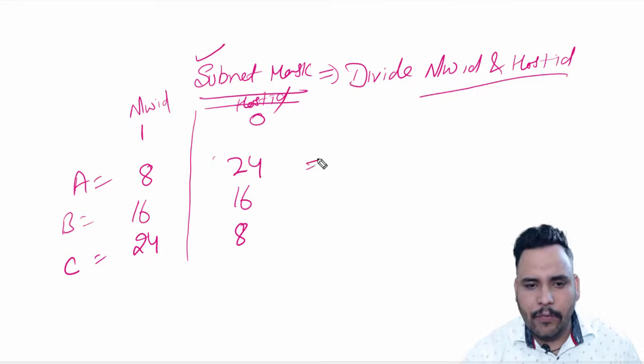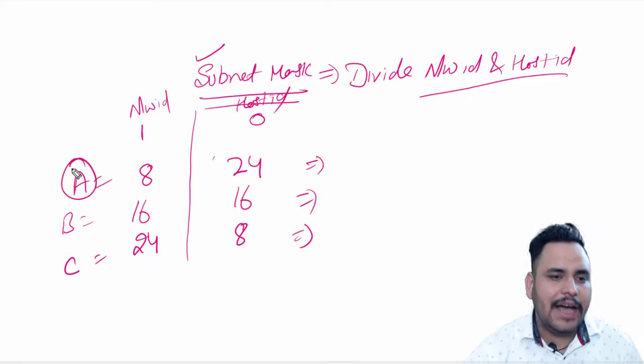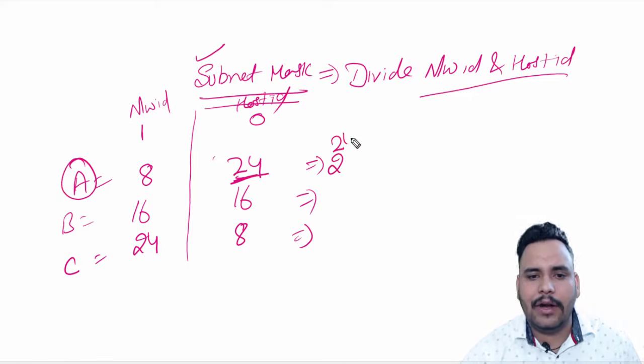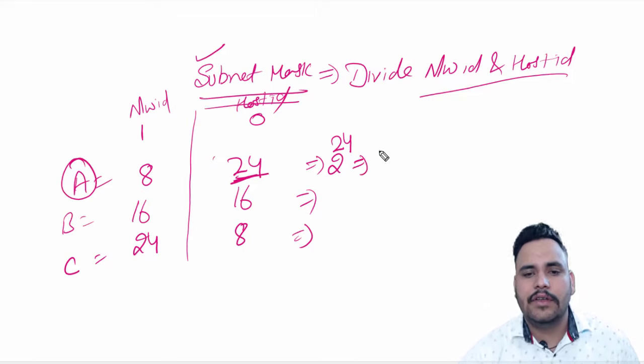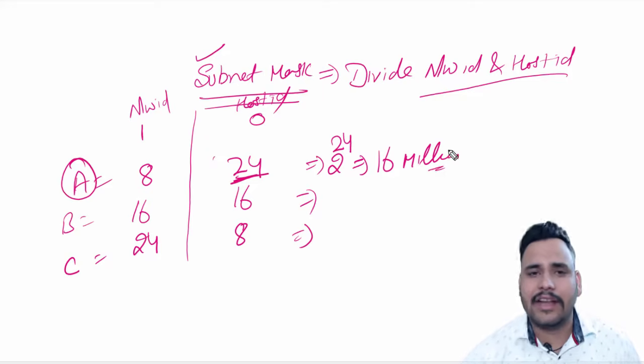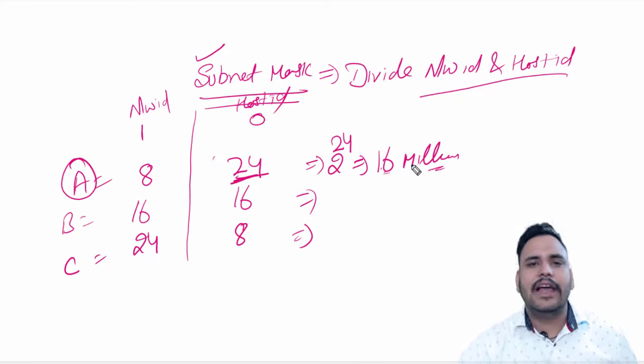Okay, what is the meaning of host ID? Let me explain. Host ID means in A class 24 bits are host, so 2 raised to power 24 hosts we can use, approximately 16 million. It is not the exact value, it is 1 crore 60 lakhs.